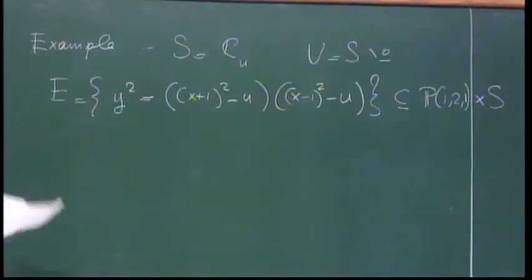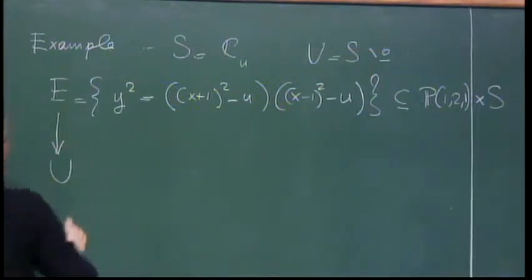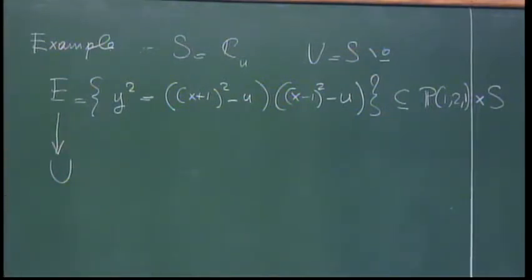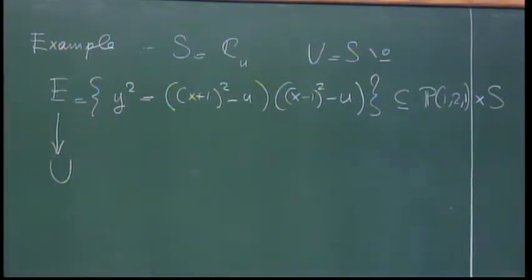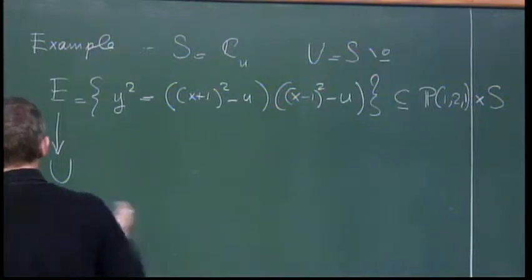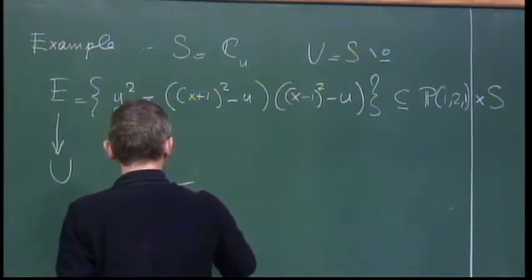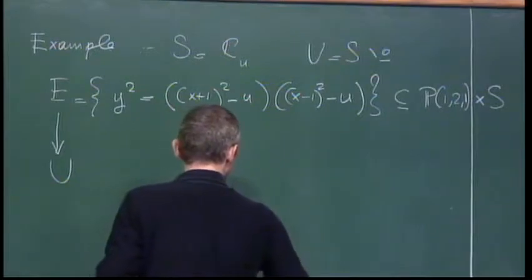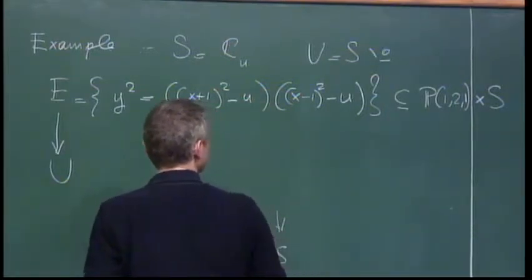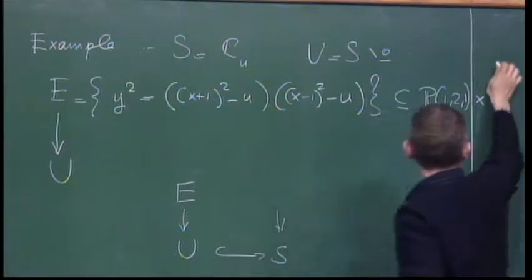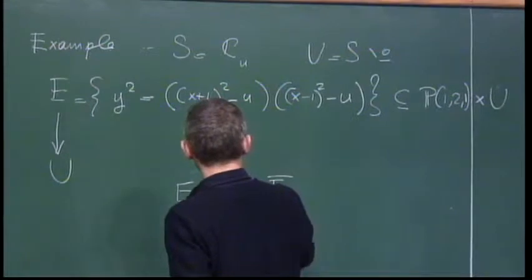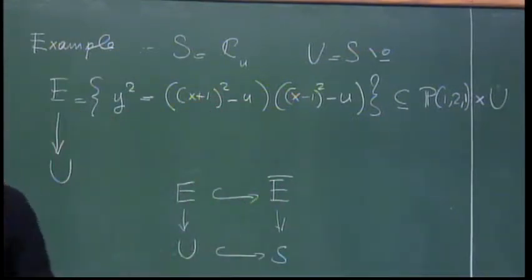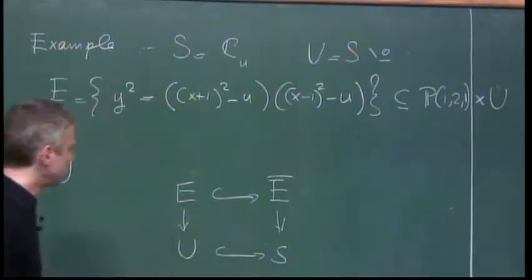This does indeed form an elliptic curve over U, but it also suggests a completion, a model over S. You can take E over U, but you can consider the same equation over S. And I get something which is not elliptic, but a genus 1 curve.